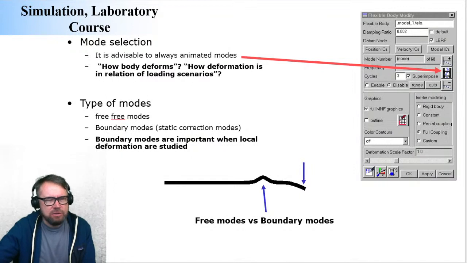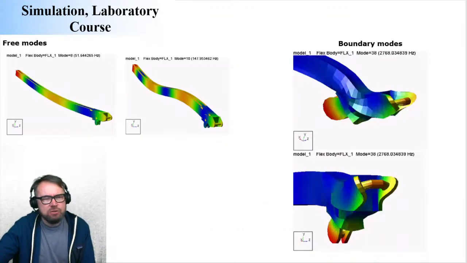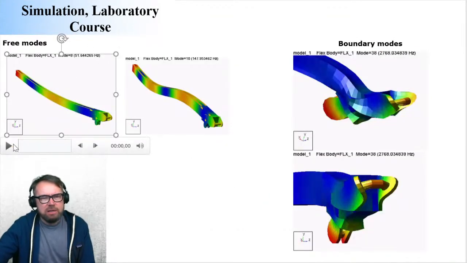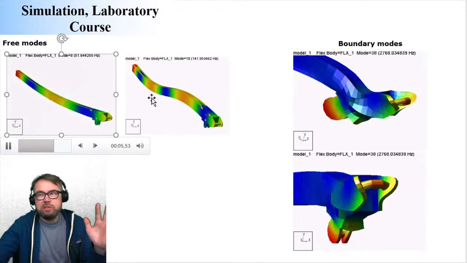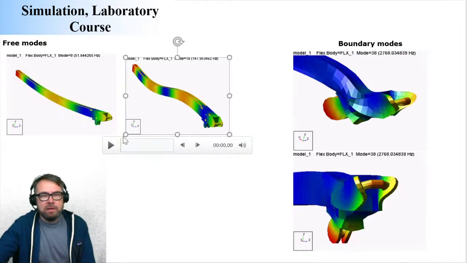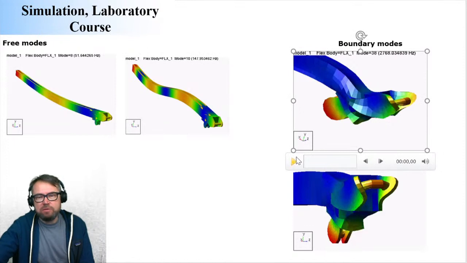So it makes sense to use it. But again, you have these two sets of modes: the free modes, which is how they look. So this is a free mode, where you say there is no boundary condition at all. Second free mode, and then this boundary mode.